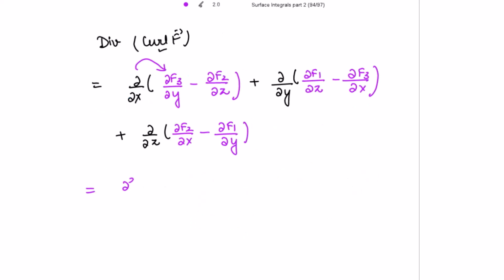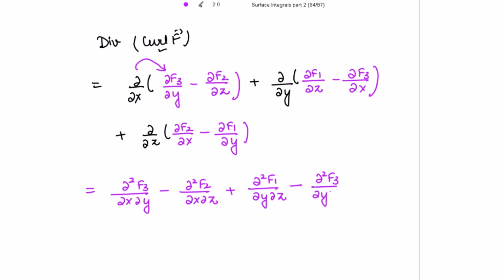So this is the partial derivative of f3 with respect to x and y, minus partial derivative of f2 with respect to x and z, plus partial derivative of f1 with respect to y and z, minus partial derivative of f3 with respect to y and x, plus partial derivative of f2 with respect to z and x, minus partial derivative of f1 with respect to z and y.